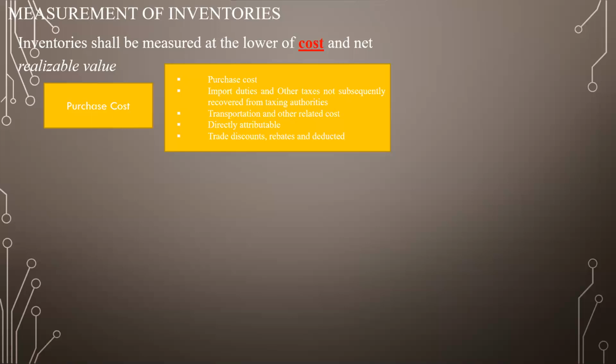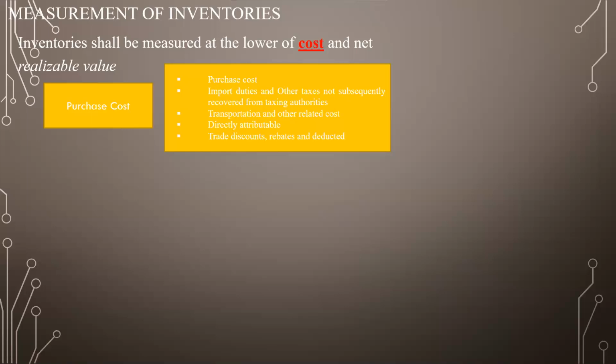Now, IGST is generally recoverable from the tax authorities, so that component of tax is not included as part of the inventory. However, the basic customs duty which we pay is generally not recoverable from the tax authority, so that is why the basic customs duty should be part of the inventory.